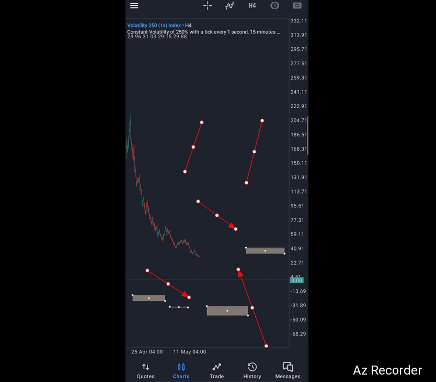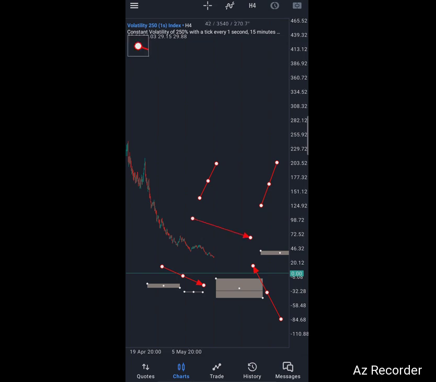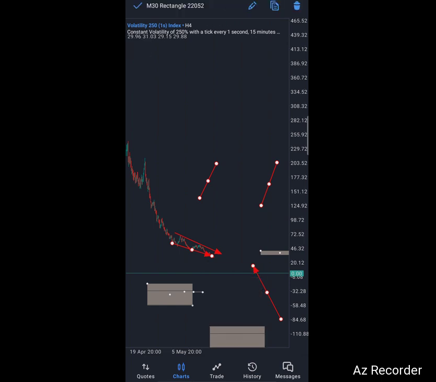I took these arrows here, joined the lower highs, the lower highs here, and down here, joined the lower lows, join the lower lows like that.